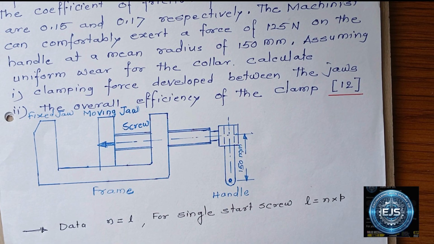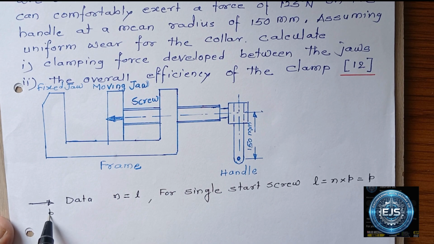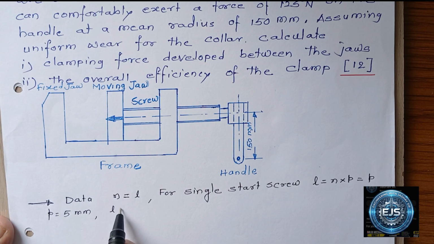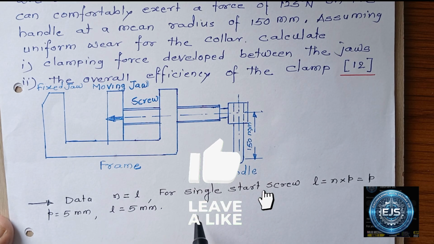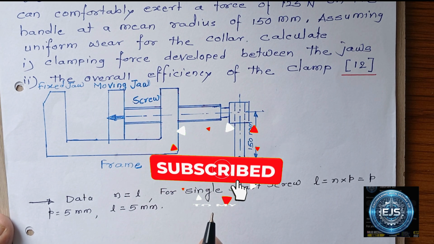So here N is equal to 1, L is equal to the pitch, and the pitch is given in the problem as 5 mm. So P is equal to 5 mm, and the lead L is also 5 mm. Lead is the distance the screw axially advances with one rotation of the handle. The screw advances by a distance equal to one pitch, and that is called the lead. For a single start screw, L is equal to P.